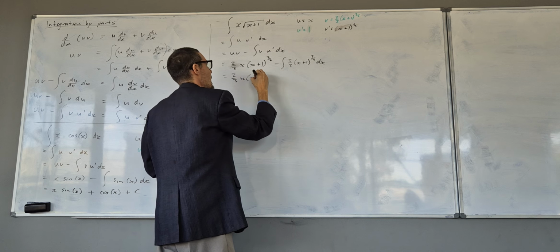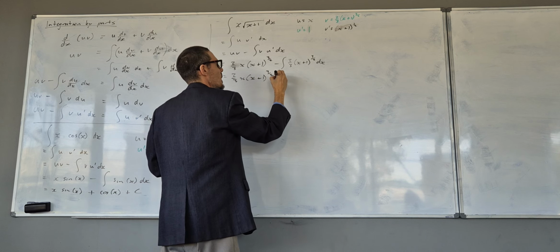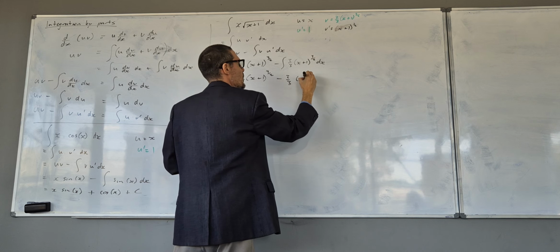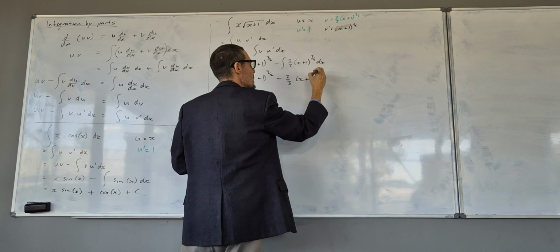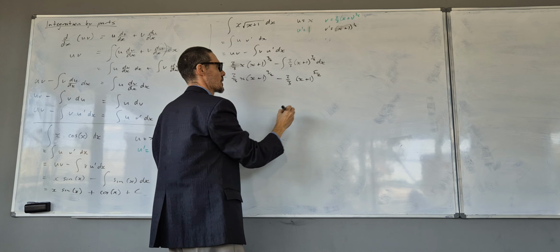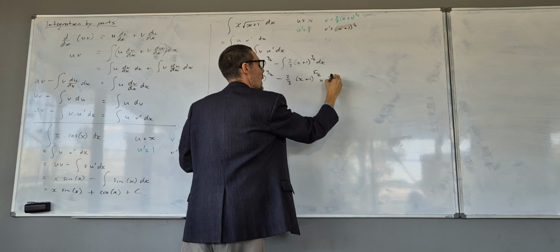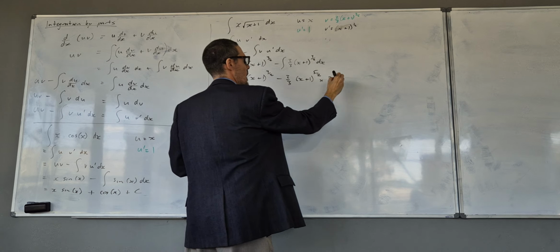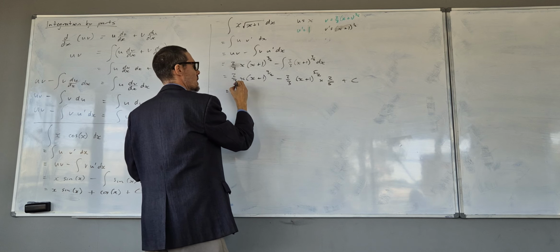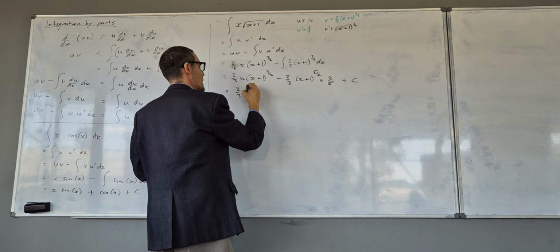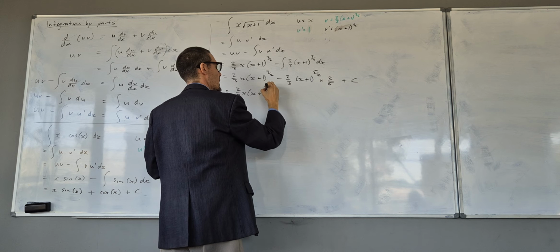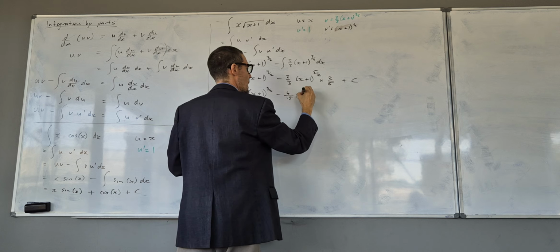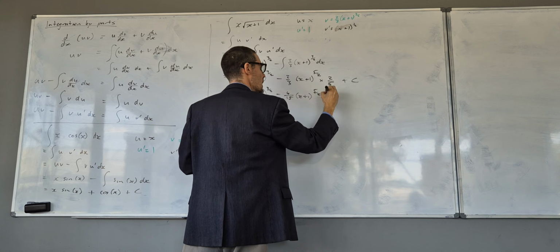2/3 x plus 1 to the 3 on 2, minus 2/3 x plus 1 to the 5 on 2, divided by 5 on 2. Or 2/3 x plus 1 to the 3 on 2, minus 4/15 x plus 1 to the 5 on 2, plus constant.